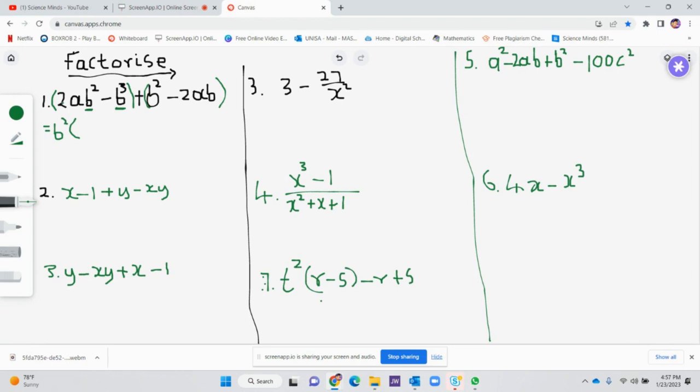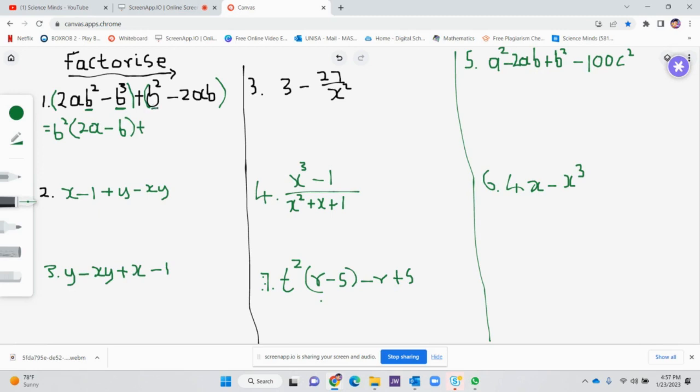All right. So 2ab squared divided by b squared, that would be 2a. And b cubed divided by b squared will be b. Remember, back to laws of exponents, this is going to be 3 minus 2, hence we have a 1 there. And then plus, what is a common factor in this second bracket?